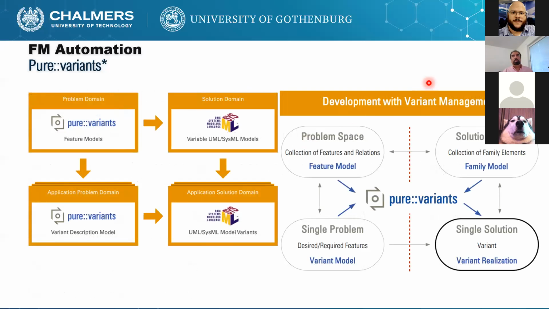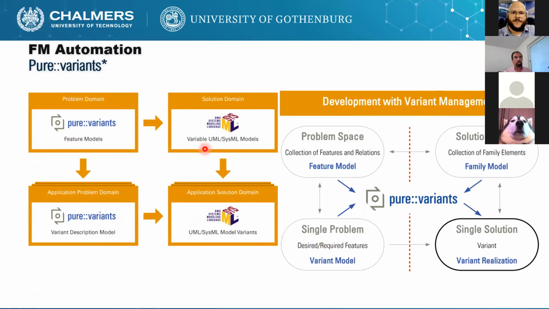This is some graphical representation of the modules inside pure::variants. And this is the problem domain, solution domain. Then you have the application problem domain and application solution domain. In this one, the focus is on the feature model, as I said.